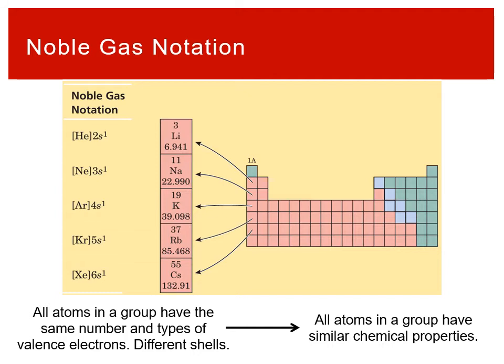And so, the reason why we organize the periodic table like we do is that in a single column of the periodic table, all of the atoms in that column have the same number of valence electrons in the same types of subshells. And what that means is that if they have the same types of valence electrons, and valence electrons determine chemistry, then all the atoms in a group have similar chemical properties, right? Our alkali metals, column 1 of the periodic table, they all have a single valence electron in an S subshell.